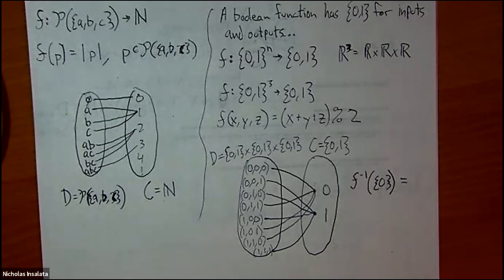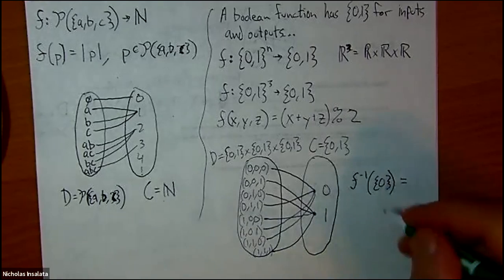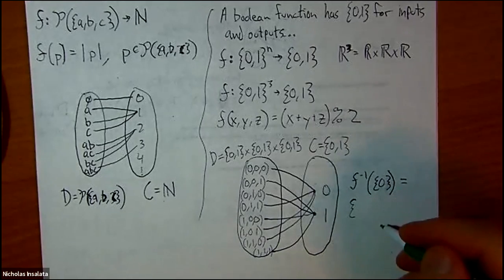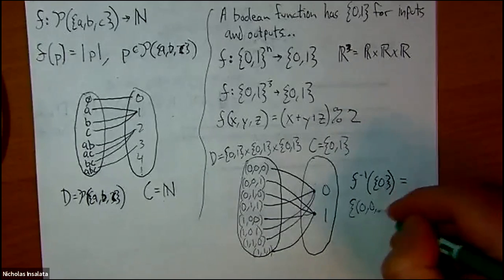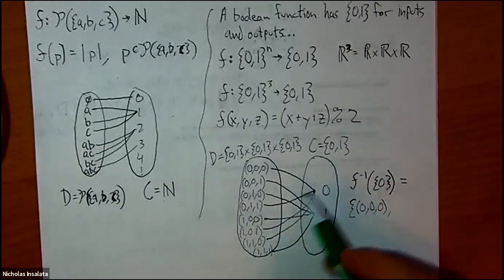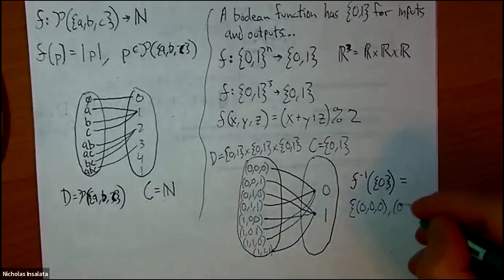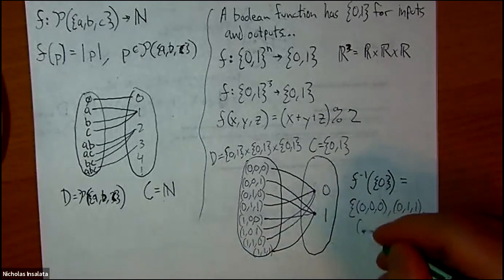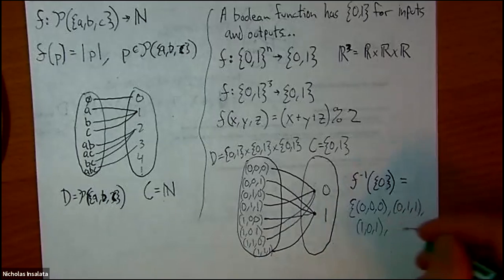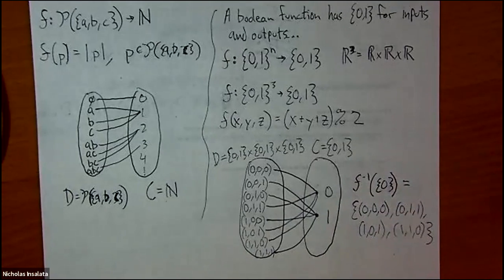There's one more besides that. And the all zeros, right? So the inverse image is going to be, first of all, a set. And inside of that set, we'll have triples, including all zeros, and 011, and 101 and 110. Beautiful. Okay.